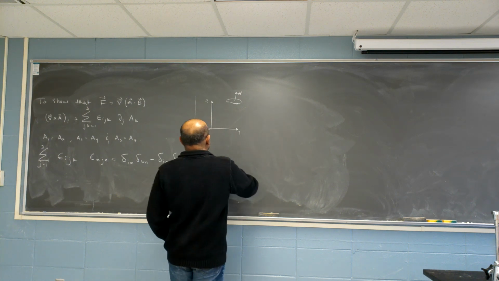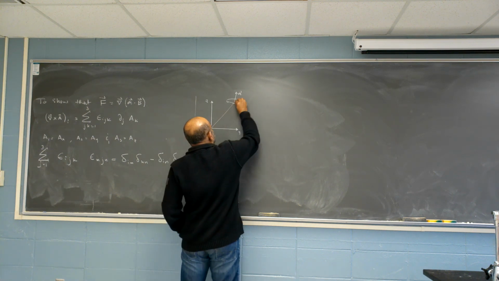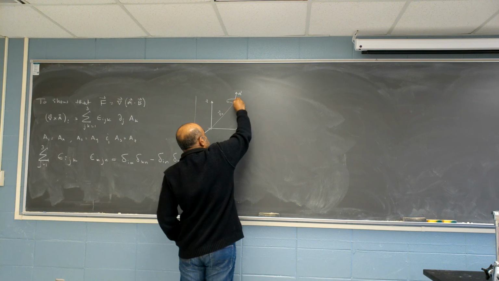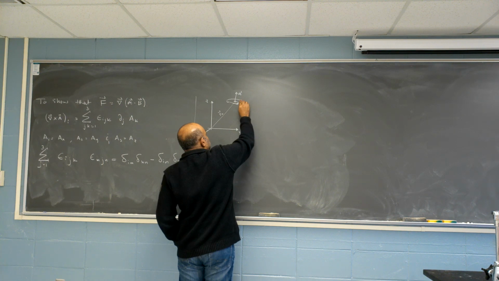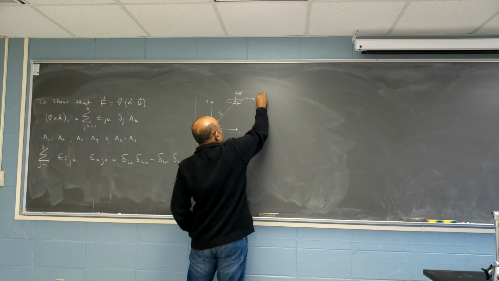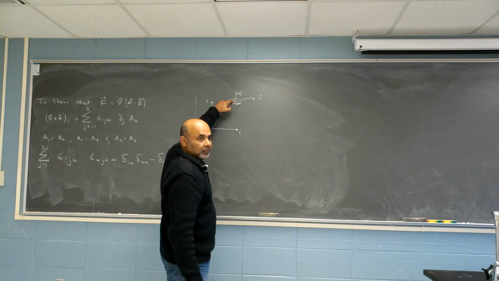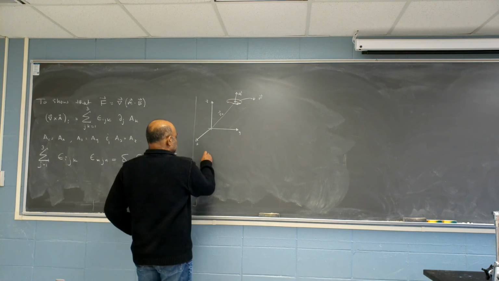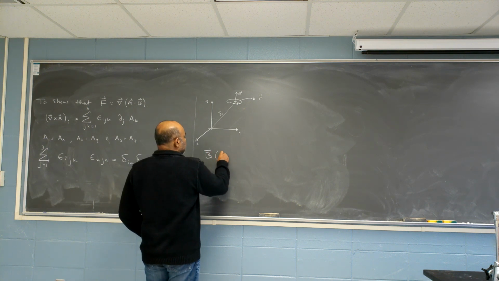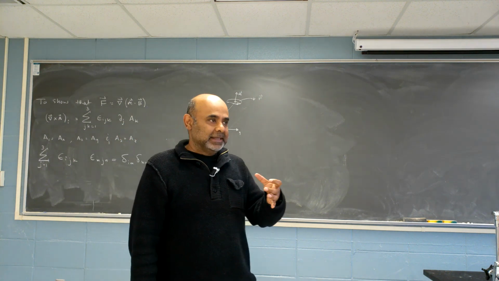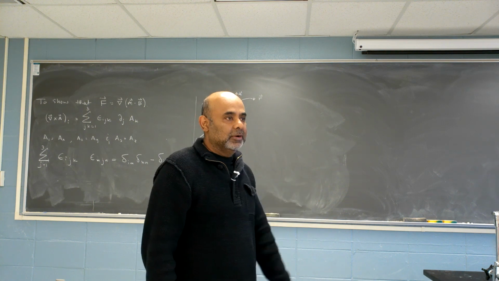The center of the loop is located by R0, and this vector is r. So r locates a point on the loop from the center of the dipole, and we can make a Taylor expansion of B around the dipole, because a dipole becomes a pure dipole as the area goes to 0, which means the radius goes to 0.